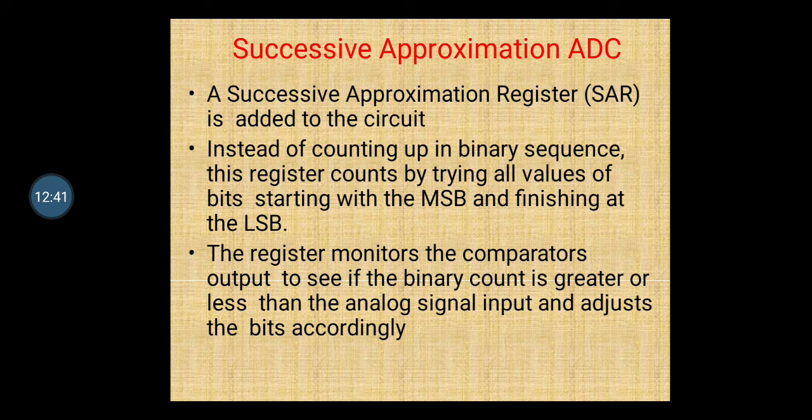That will totally depend upon the comparison. We will see it later in the block diagram. The register monitors the comparator's output to see if the binary count is greater or less than the analog signal input and adjusts the bits accordingly.